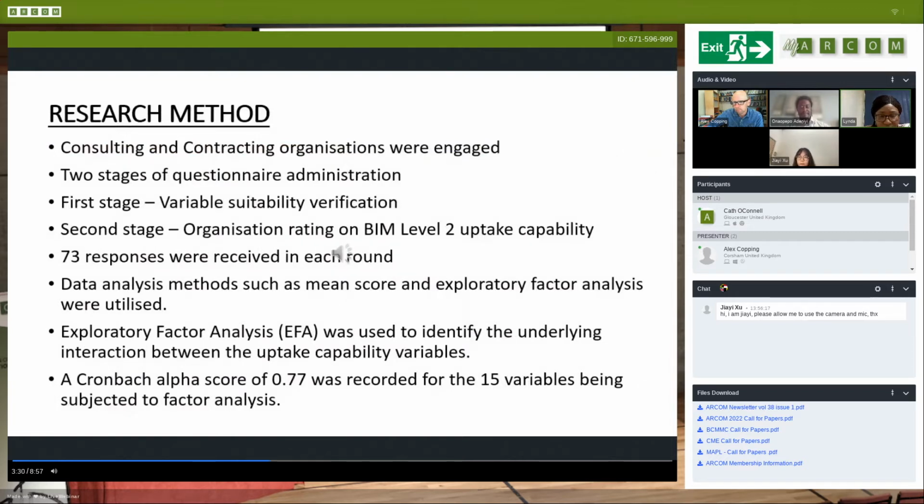Consulting and contracting organizations were involved, and questionnaire administration was in 2 stages. The first stage was to verify the suitability of the variables, and the second stage was the organization rating on BIM Level 2 uptake capability. 73 responses were obtained in each round, and data analysis was done using mean score and exploratory factor analysis.